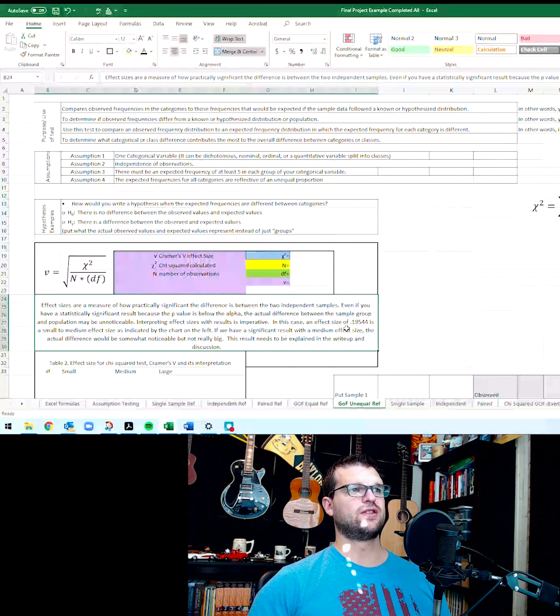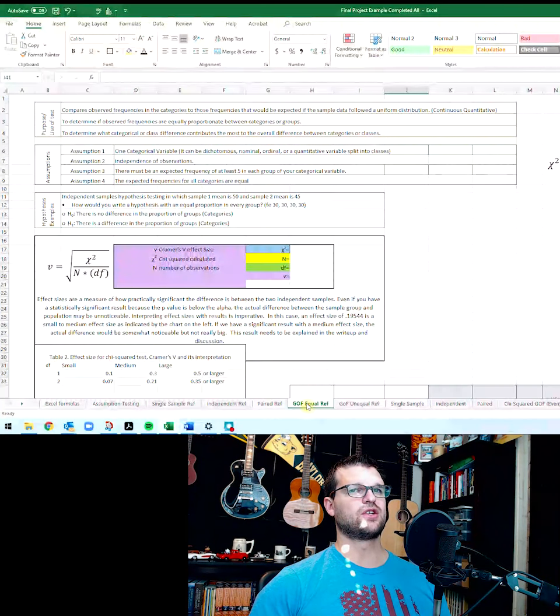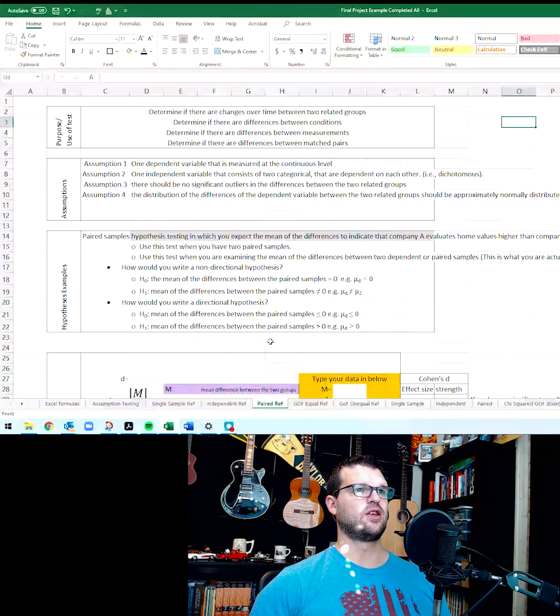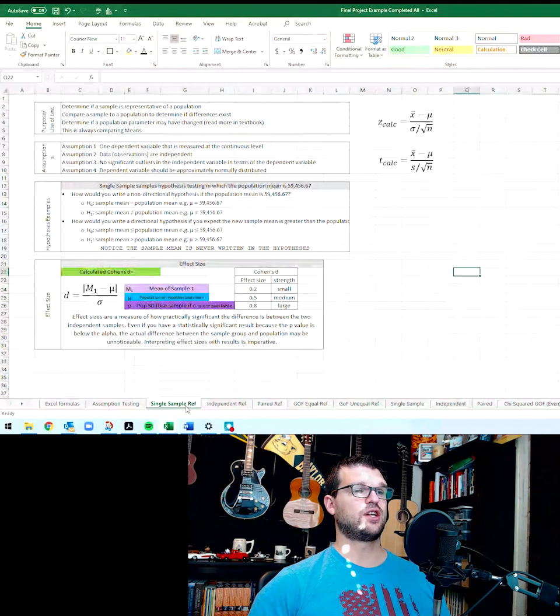What this does is give you everything that you need to know for that test all in one location. So I'd suggest that you familiarize yourself with this and know how to use it when I ask for the purpose, the assumptions, hypotheses, examples, and effect sizes. That's all right there in that sheet.